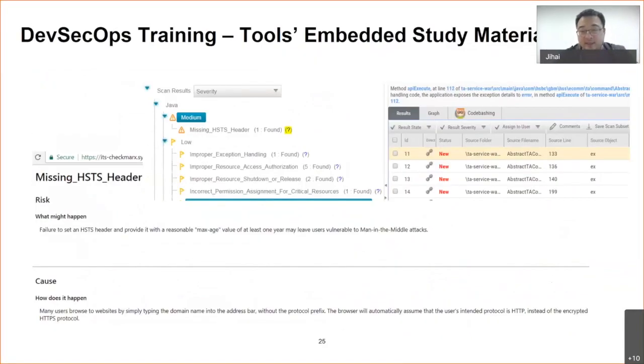The first is the tutorial in the tools, for example in Checkmarx. Here is one example: there's a medium vulnerability, and if you click on this question mark, it gives you a tutorial showing the risk of the vulnerability, what causes it, and an example of how to fix it. So the tutorial in the tools is one way we provide training to people.